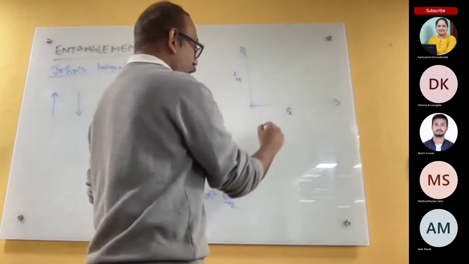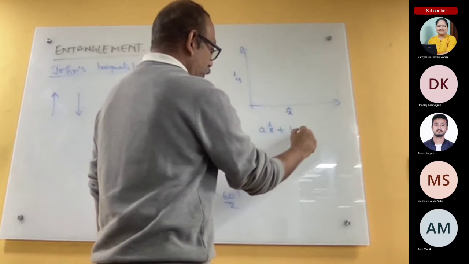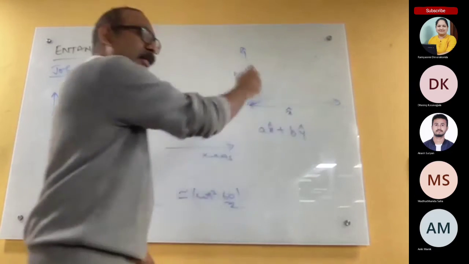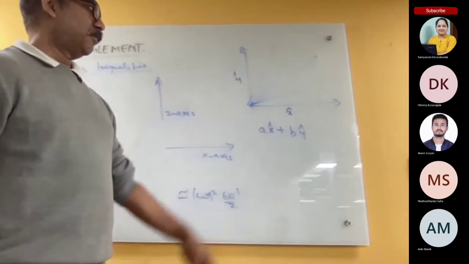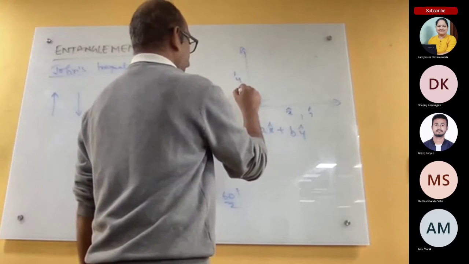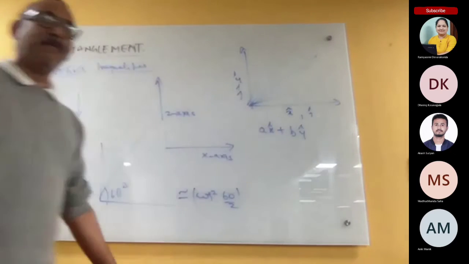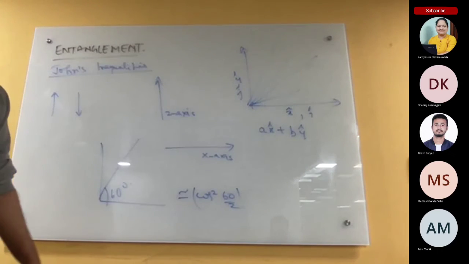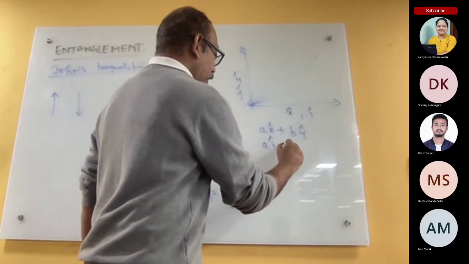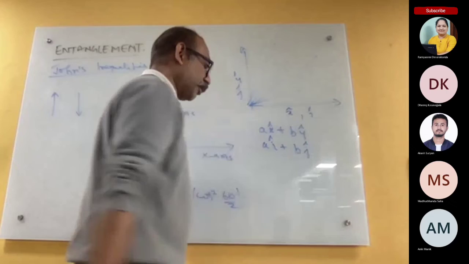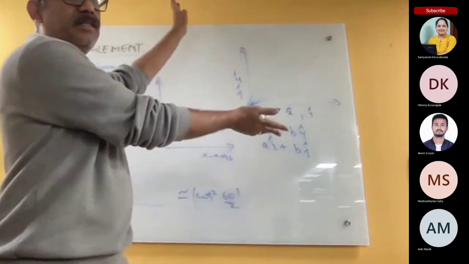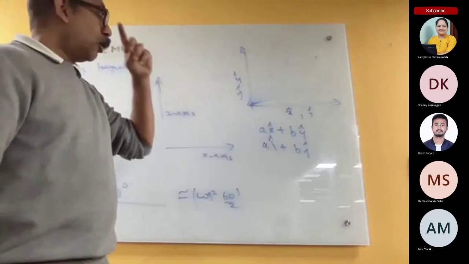Anything can be written as a x hat plus, any vector in this space can be written as a linear combination. Some people say i hat and j hat, you can write whatever you want, it doesn't matter. Then it is represented by basis vectors. So you can write a i hat plus b j hat if you are comfortable with that. But essentially, what I'm saying is this span is the entire space, right?